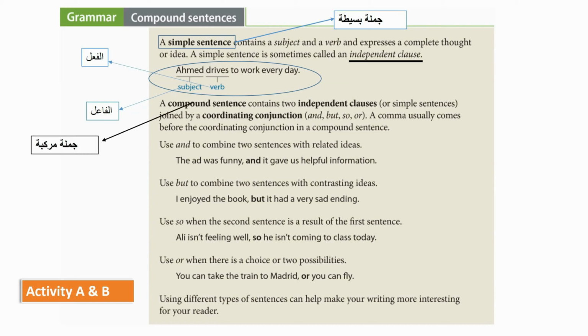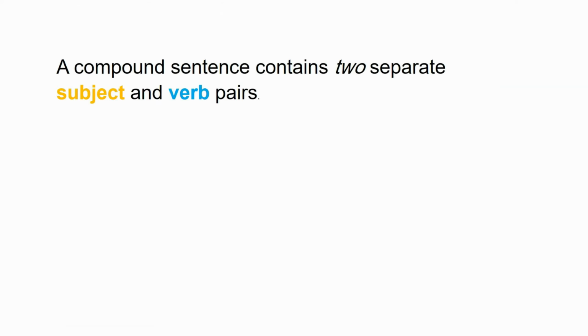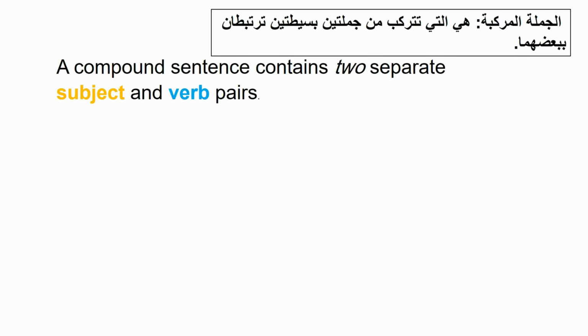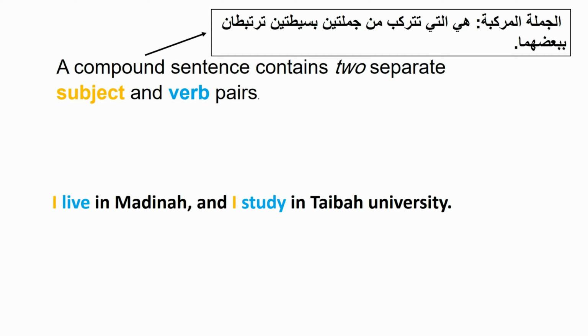A compound sentence is known as a complex or compound sentence in Arabic. We're going to focus on a compound sentence, and it contains two independent clauses, two simple sentences. So we can say a compound sentence contains two separate subject and verb pairs. For example, I live in Medina and I study in Taiba University.